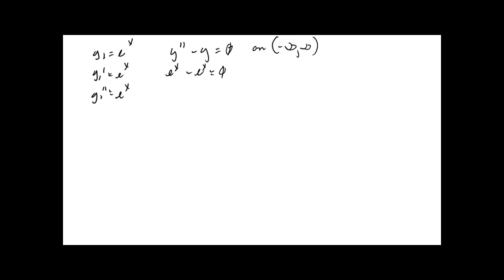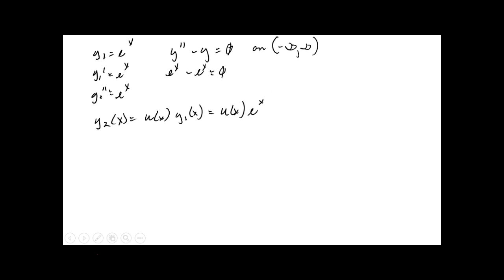I'm going to say y2, because that's what they set up above. y2 of x is equal to some new function u of x, and we don't know what it is, is equal to u of x times y1 of x. And we already know what y1 of x is. This is u of x times e to the x, because y1 was e to the x.